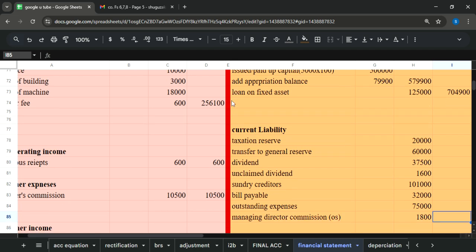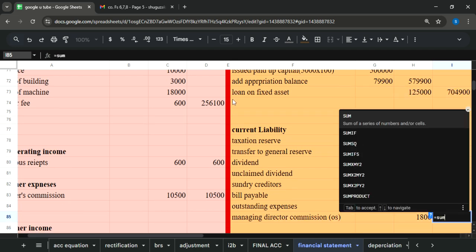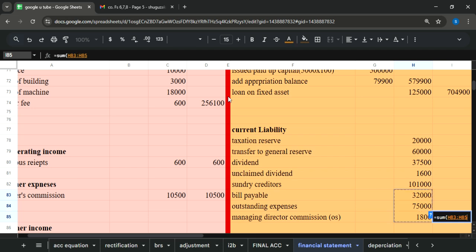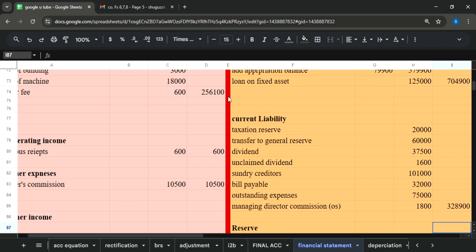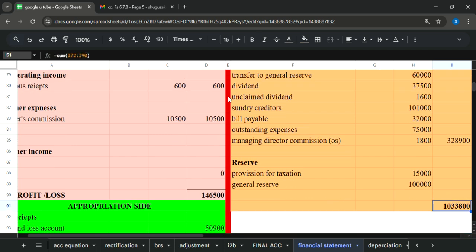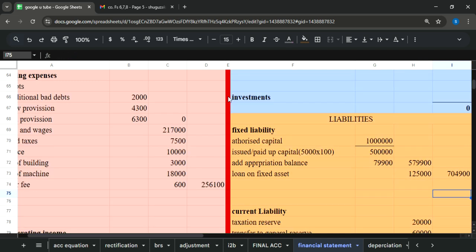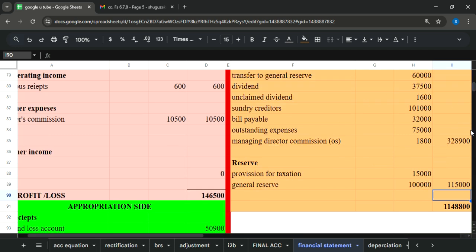After which we will take the sum of all current liabilities. Current liabilities are completed. There are two reserves, so here you will take the sum of those two reserves. What we have done: sum of fixed liabilities, sum of current liabilities and sum of reserves.